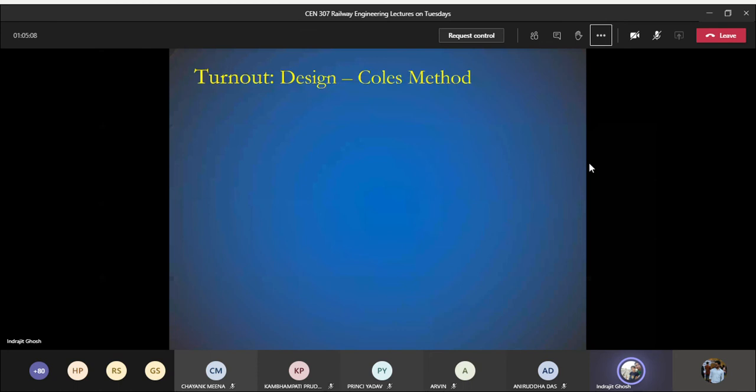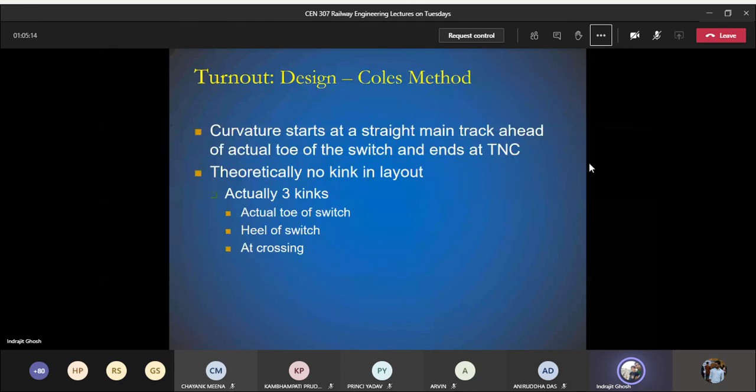In this case, there are 3 different kinks. Kink means the joining of 2 rails is not really smooth. The actual toe of switch is where the tongue rail is going to touch the stock rail. We generally have a straight tongue rail, so that's why a kink is created at the toe of the switch.